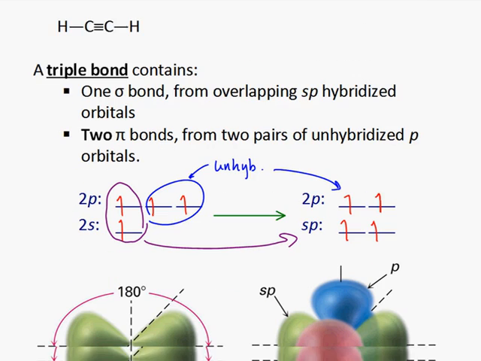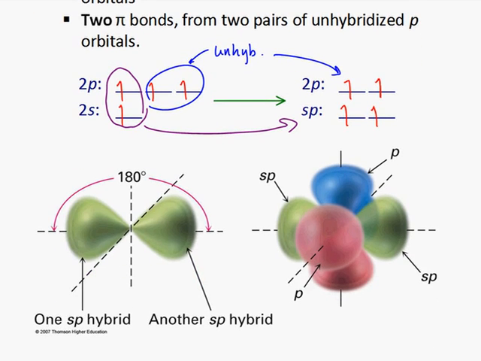So take a look at the structure. In green here, these are 2 sp hybrids. So to have sp hybrids, there are 2 of them, so they'll spread themselves out sort of 180 degrees from each other. Okay. That'll be key for us to show a 180 degree bond angle. What about these 2 unhybridized p orbitals?